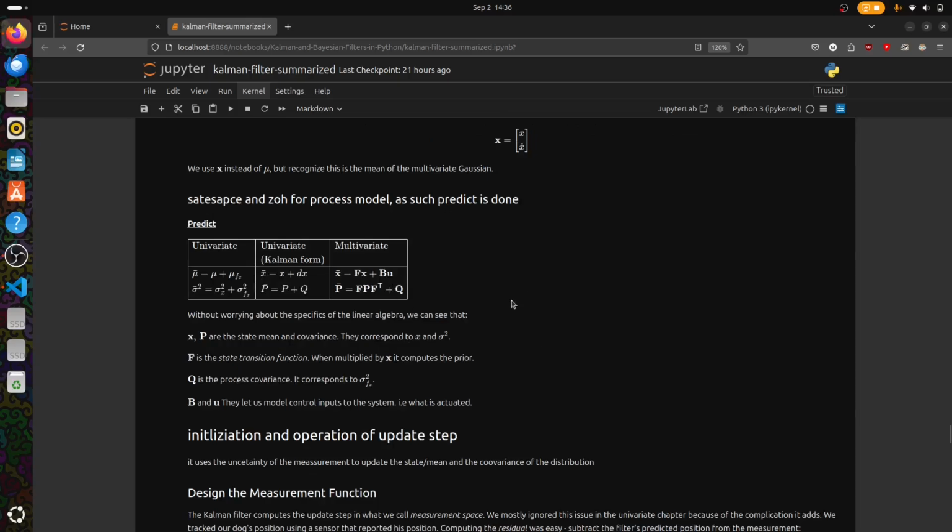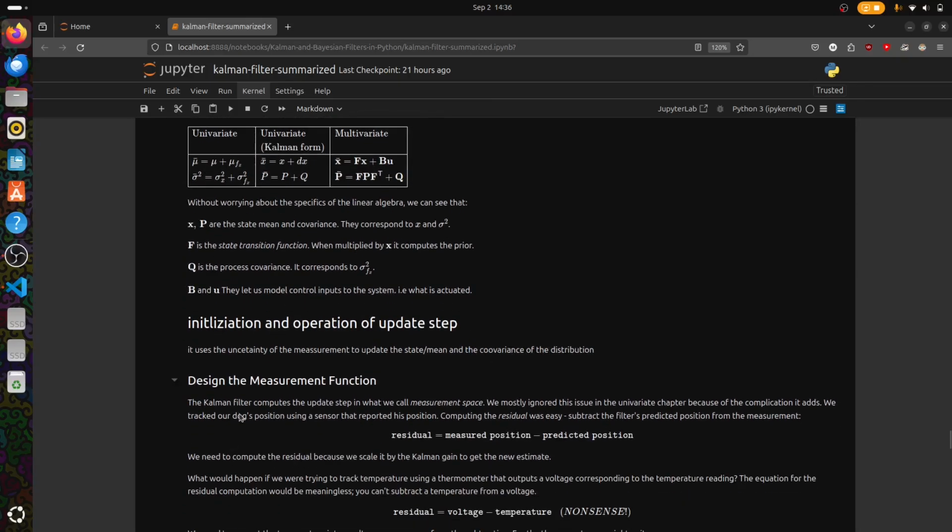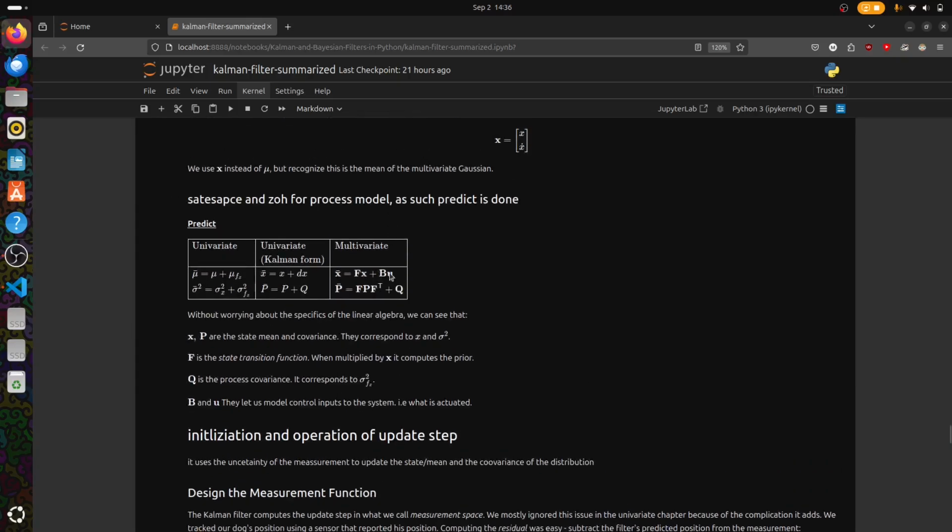You can check out my GitHub, but there are a lot of different methods and no one set method to use, so just check out the link in the description. So for the predict step, we compute our x and our P, our state and then our covariance, moving one time step.